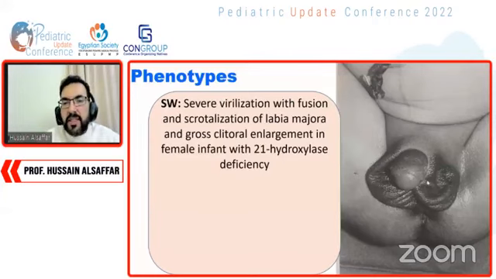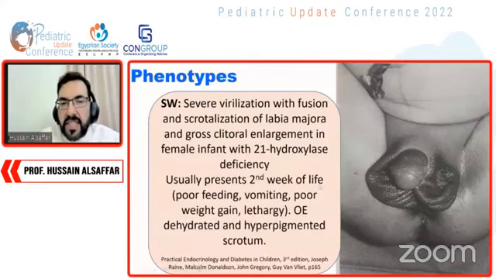It usually presents in the second week of life. A patient can present with features suggestive of poor feeding, vomiting, poor weight gain, and lethargy. That could mimic symptoms of sepsis. So, of course, they can be screened for sepsis and covered by antibiotics, but the clinician should also be aware that CAH is one of the possibilities here.